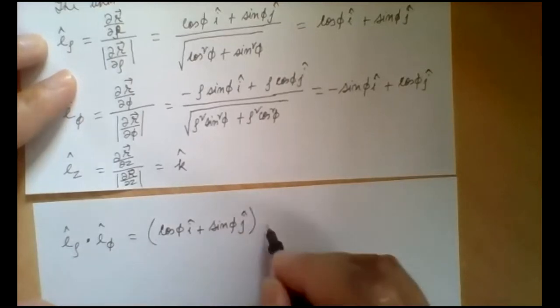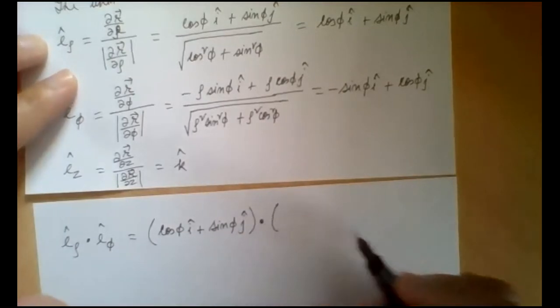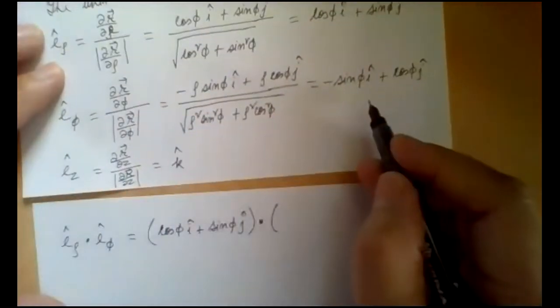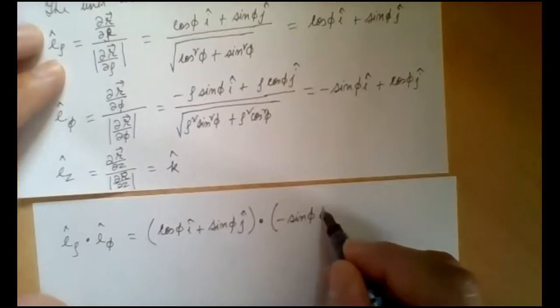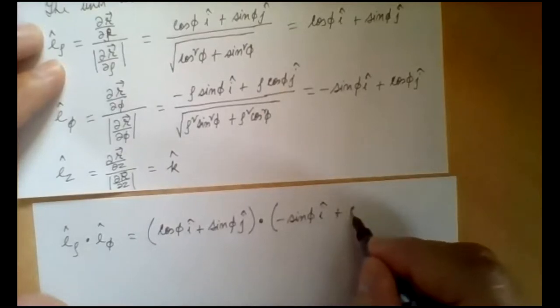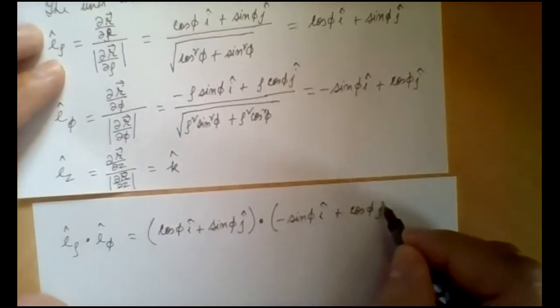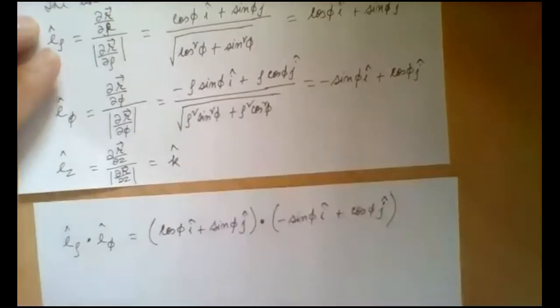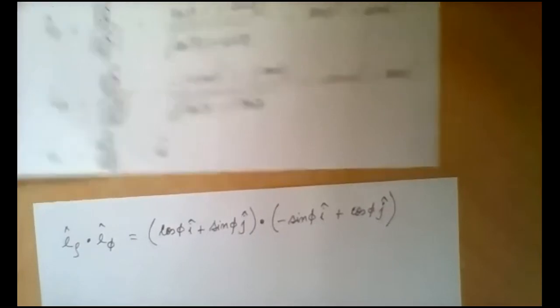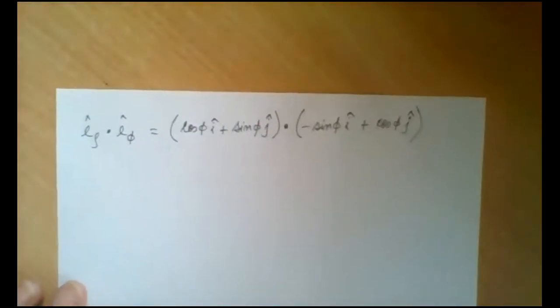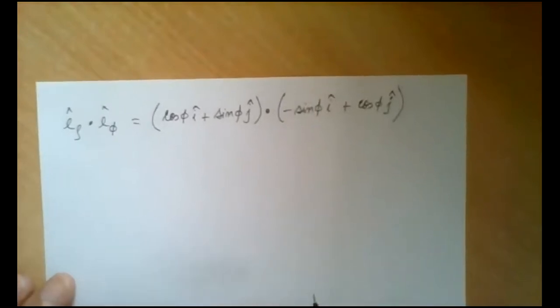This is the dot product with E phi. And what is E phi? E phi is minus sin phi i hat plus cos phi j hat. So this is the dot product of E rho and E phi.